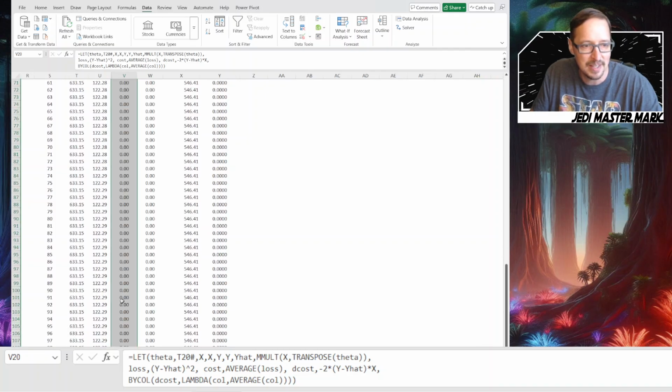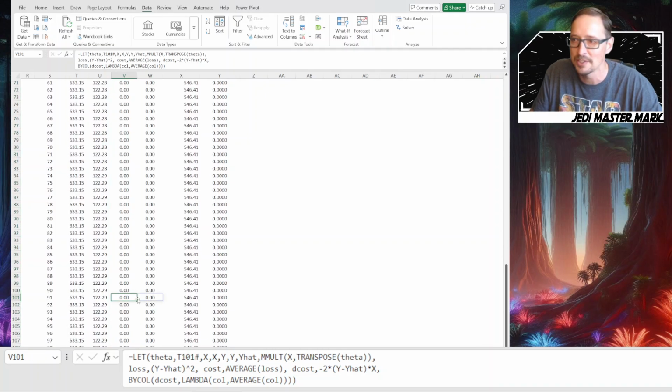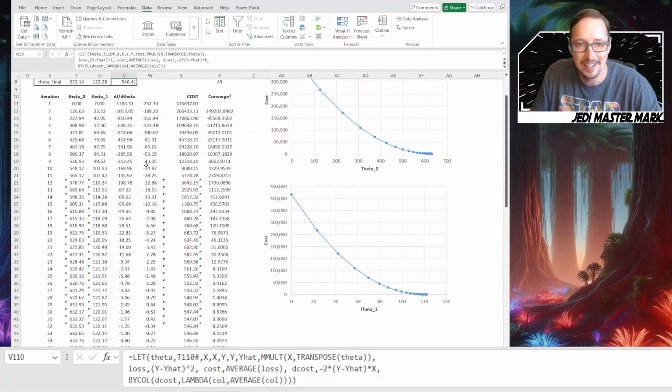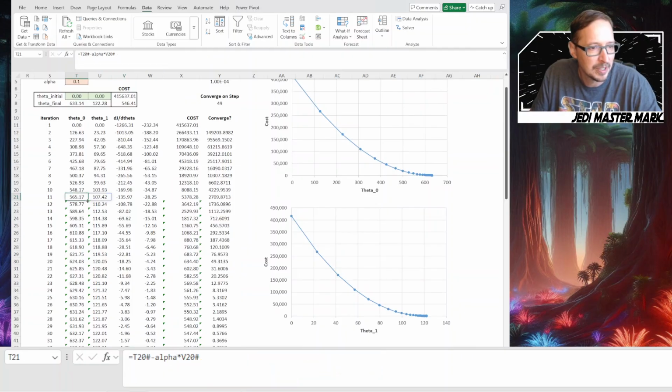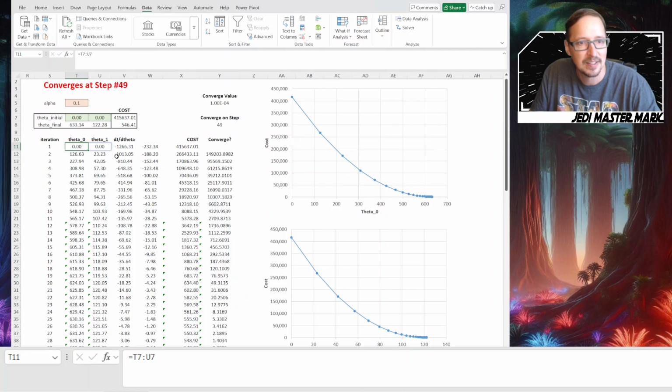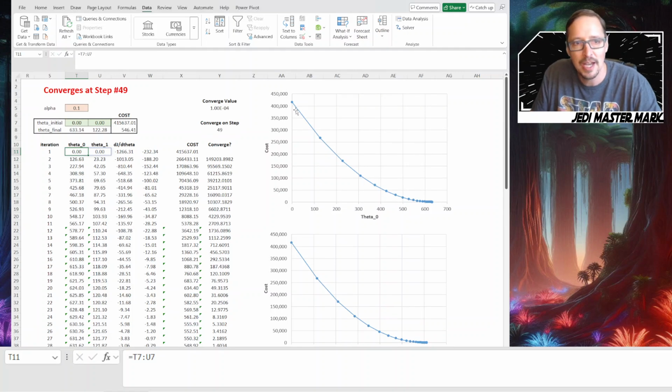Okay, you can see by the end, these derivatives are 0. We could probably expand this out if we wanted, and it's something really, really small. So there we go. Okay, and so what I did is theta naught and the cost function.